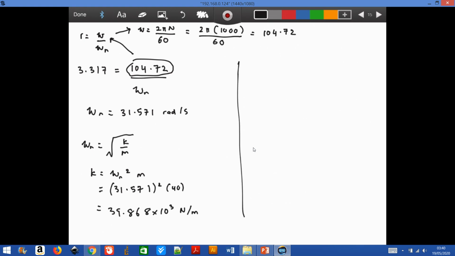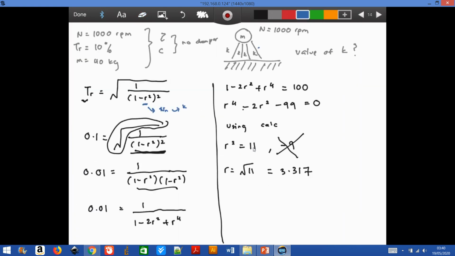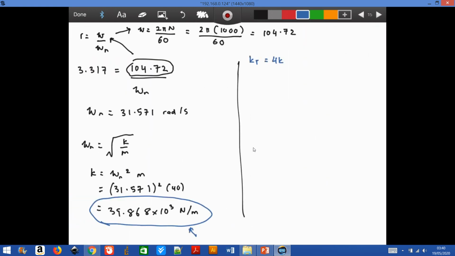We need to note that this k value is actually the total k, where kt is 4k, because the question has 4 springs, so the value that we get is the total k, 39,868.